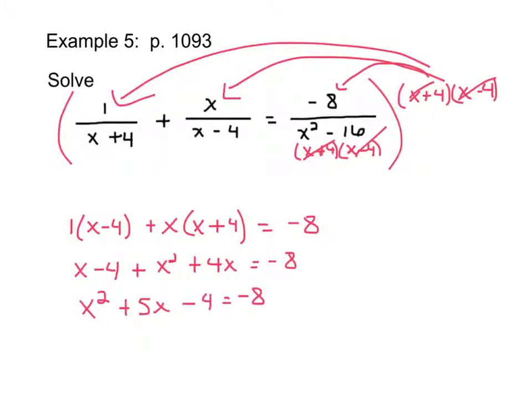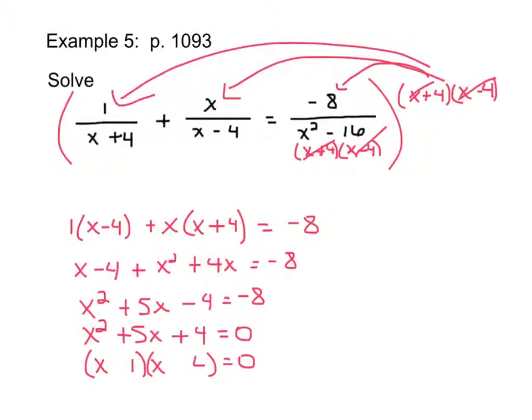So since this is a quadratic, meaning it's x squared, I'm going to set it equal to 0. X squared plus 5x plus 4 equals 0. And then I'll factor that. 4 is 2 times 2, but that won't give me 5.